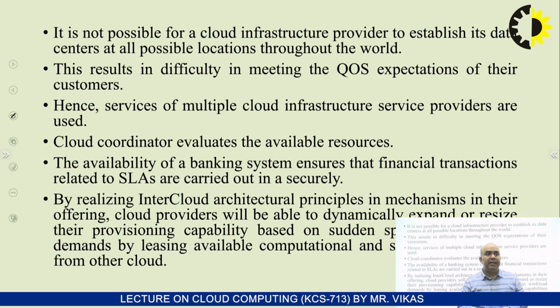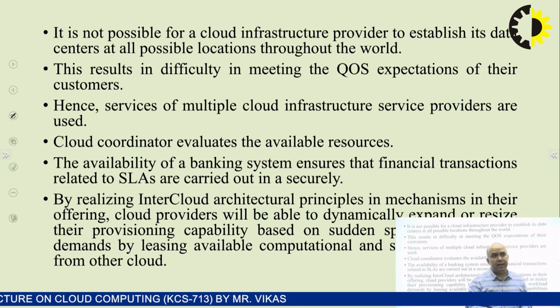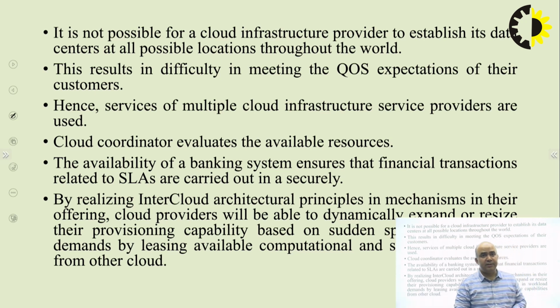It is not possible for a cloud infrastructure provider to establish data centers in all possible locations. So this will affect the quality of service expected by the consumers. As the services of multiple cloud infrastructure service providers are used, cloud coordinators evaluate the available resources. These are the brokers.